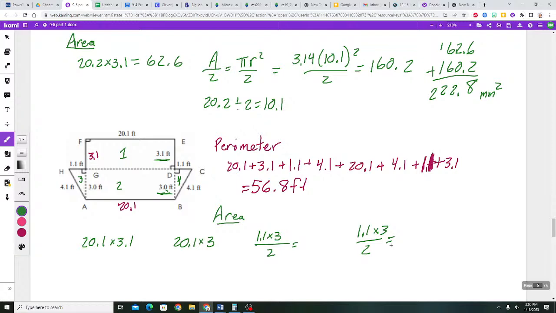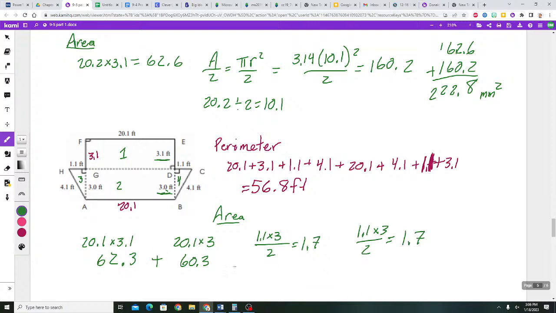So we need some numbers. 20.1 times 3.1, oh, whoops, no, 20.1 times 3.1 gives us 62.3. This right here would be 60.3. 1.1 times 3 divided by 2 gives us 1.65, which will round to 1.7.